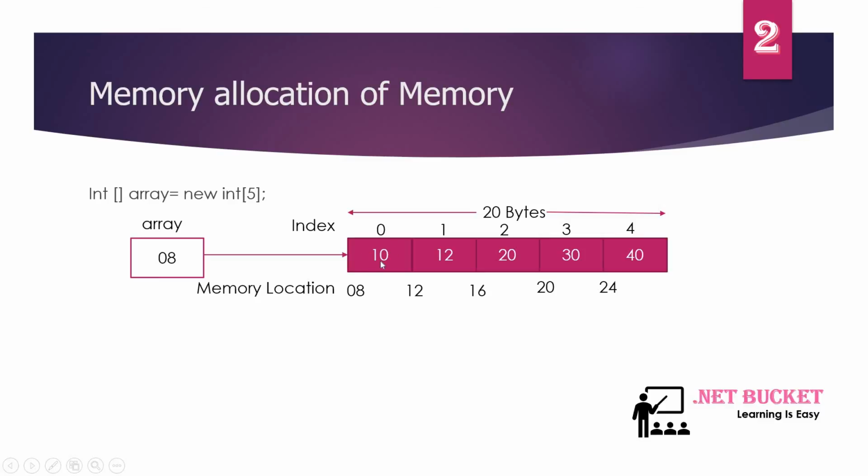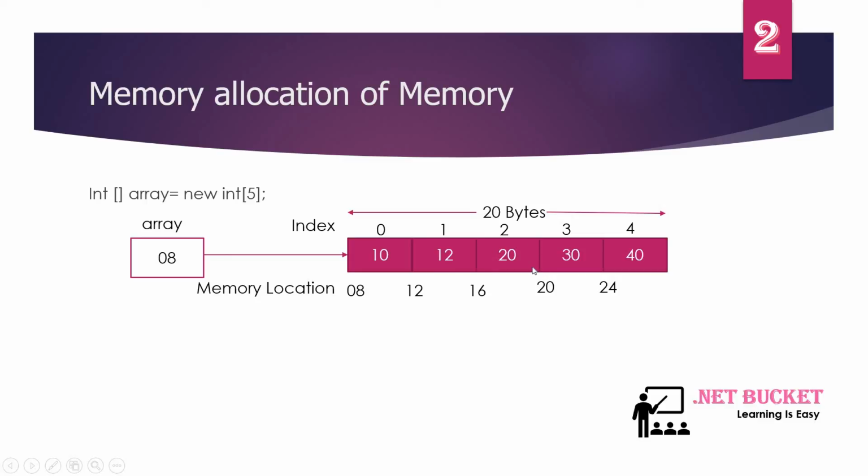Similarly, let's say I want to access the array at index 2. The runtime will get this value 8, take the passed index 2 and multiply it with 4, because the integer size is 4. So 4 into 2 is 8, and 8 plus 8 is 16. It will get this memory location, and whatever value is stored here, which is 20, will be returned.